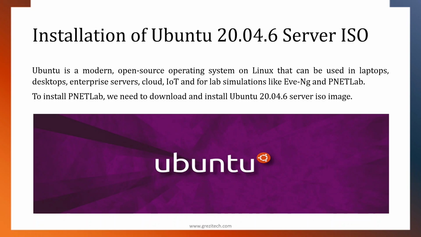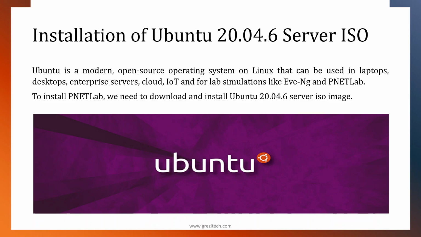It can be used for lab simulations like your EVNG, your Peanut Lab, can be used on cloud platforms like Azure, AWS, your Google Cloud platform, and many more. To ensure that our Peanut Lab installation is successful, we'll be making use of Ubuntu.